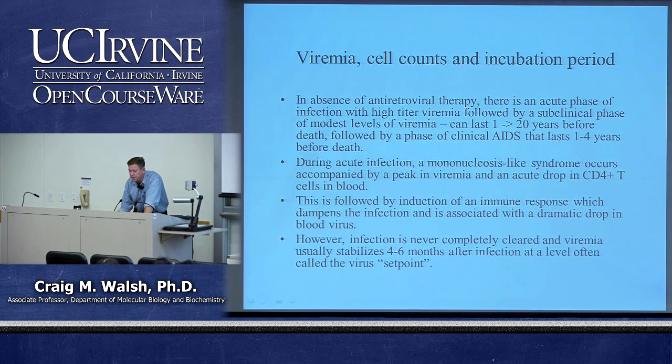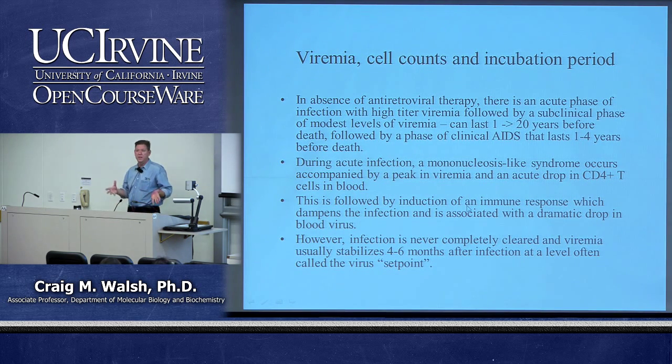And as I mentioned, there's essentially a flu-like disease or syndrome that's sort of like mononucleosis, and that is right during this peak viremia, following first infection, which is also associated with a significant drop in these CD4 cells in the blood. And then the immune system controls it.